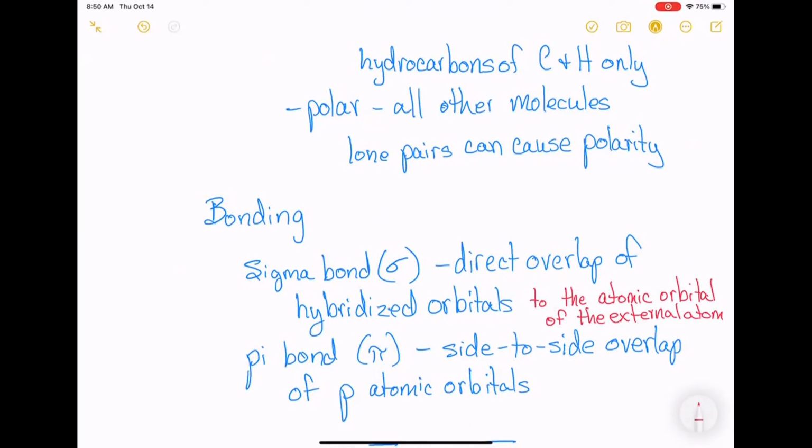Whereas pi bonds occur due to side-to-side overlap of p orbitals. And so a sigma bond is all about the hybrid orbital. A pi bond is all about the atomic orbital.